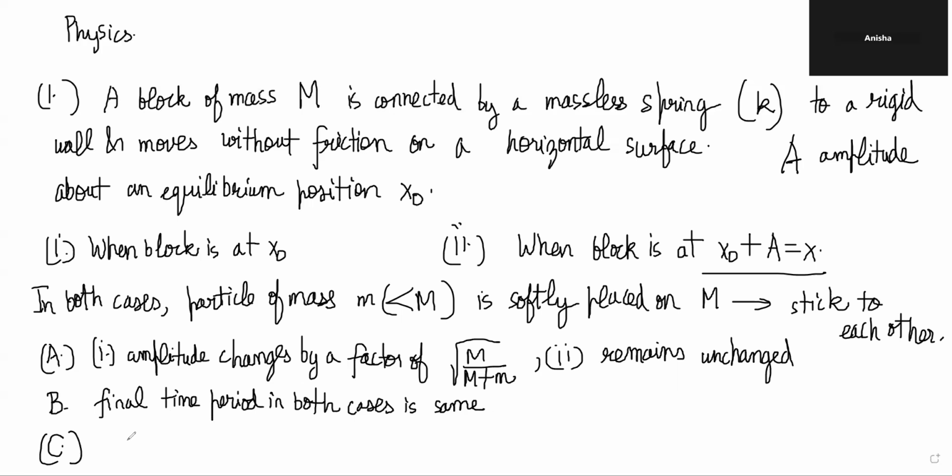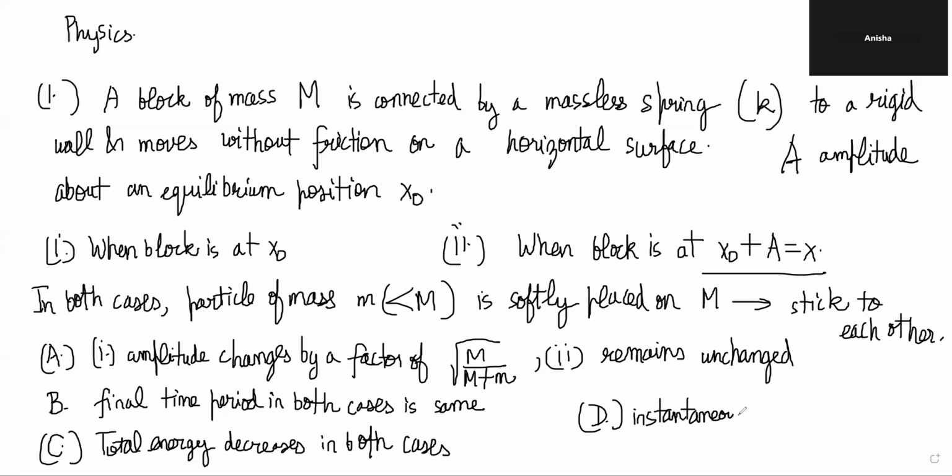Option C is: total energy decreases in both the cases, and option D is: instantaneous speed at x naught of the combined masses decreases in both cases.